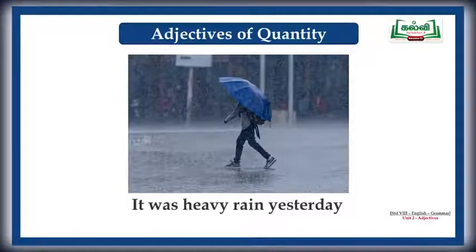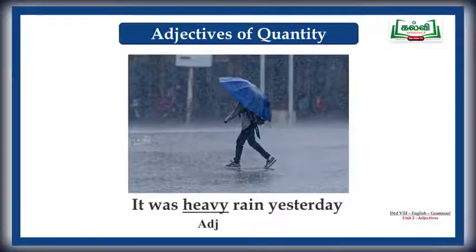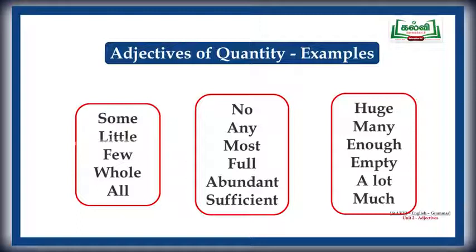Let's see one more example. Are you ready? Yes. Look at this picture. A boy is walking with an umbrella and you can see it's a shower of rain. Yes, it was heavy rain yesterday. What kind of rain is it? It was heavy. So how much rain was there yesterday? Here heavy is an adjective and rain is a noun. Shall we see some more examples for adjectives of quantity? Let's see one by one now.